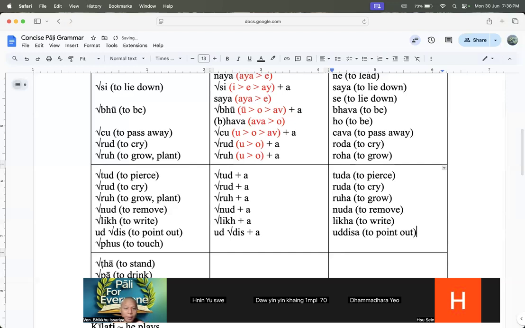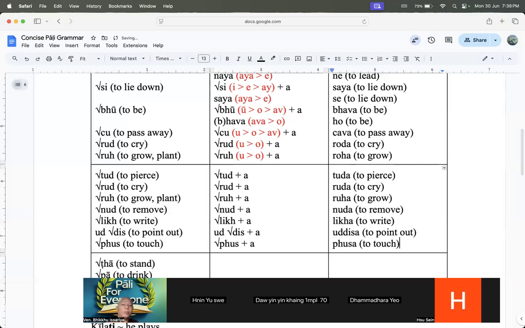This one, that one like this. And then root phus also, and with the a. So phusa. Phusa also, to touch.